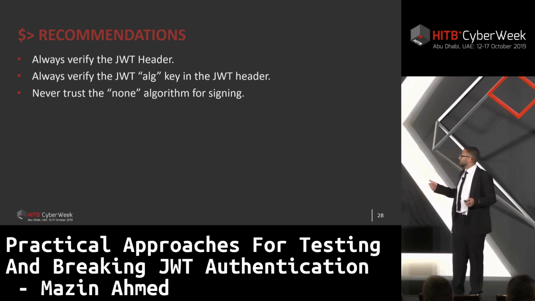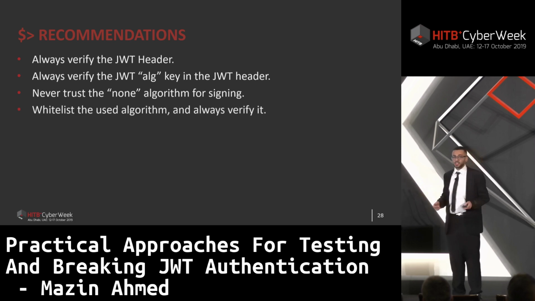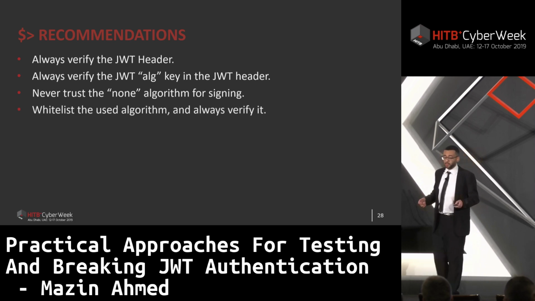Fun part here: Golang's official JWT library is not following the RFC. If you provide a token signed with the none algorithm, it won't accept it. It's against the RFC, but it's better somehow. So whitelist the used algorithms and always verify them.